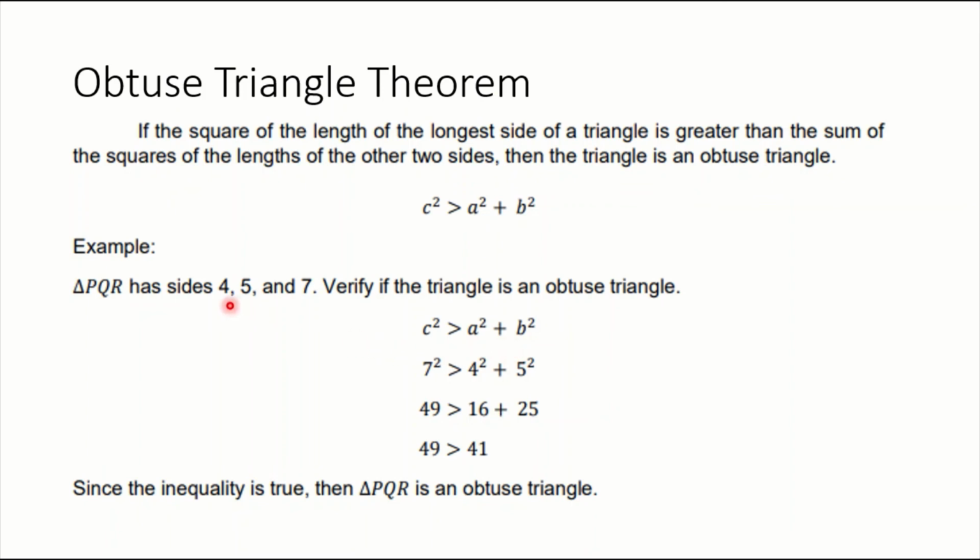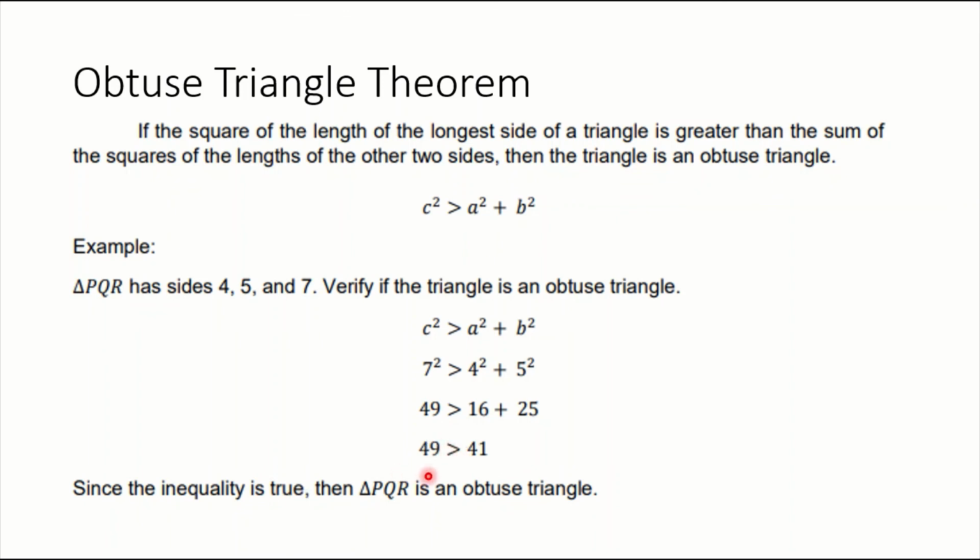So again, 4 is a, 5 is b, and 7 is c. So 7 squared is greater than 4 squared plus 5 squared. So 7 squared is 49, 4 squared is 16, and 5 squared is 25. So we added 16 and 25. The answer is 41. And 49 is greater than 41.